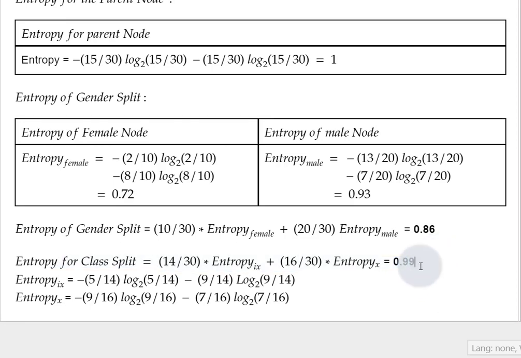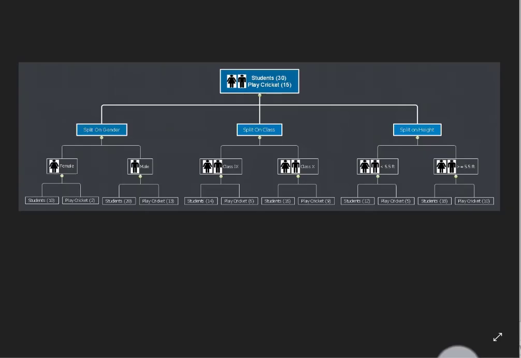So if we compare these two splits, which one should I choose now? I should obviously choose the node split based on gender, right? So I'd encourage you now to calculate the entropy value of the height based split as well, and see what number you come up with.